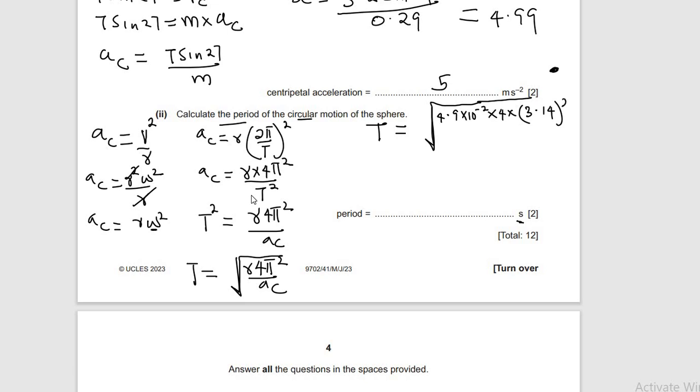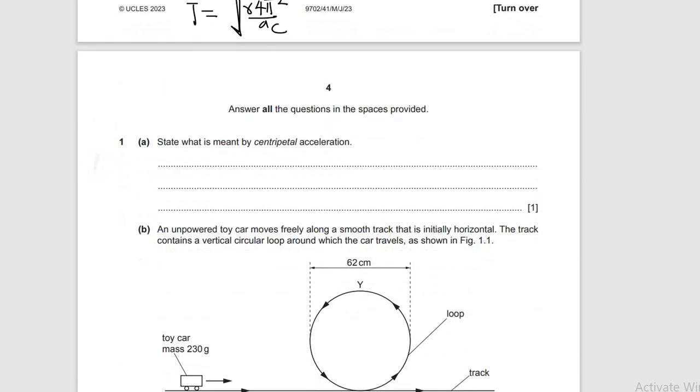Remember, there's a square on top of it. So all over centripetal acceleration, which is 4.99. At the end of the day, punch this in calculator. You're going to have 0.628, which can be 0.63 seconds. That's the end of the first question.